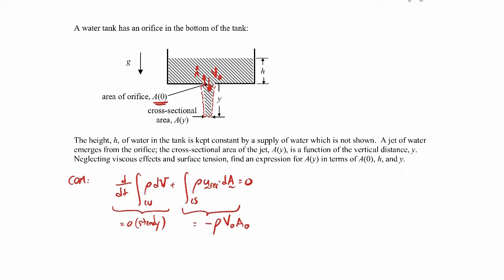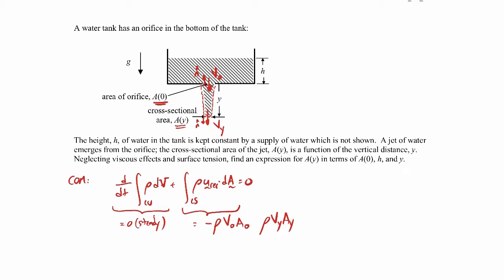Now let's do the mass flow rate at the exit down in here. Let me call that velocity v sub y, and the area there, I'll just call it A sub y. So there, we'll have a plus rho v sub y A sub y. And that one's positive when I do the dot product because the outward pointing normal vector there, n hat, is in the same direction as v sub y.